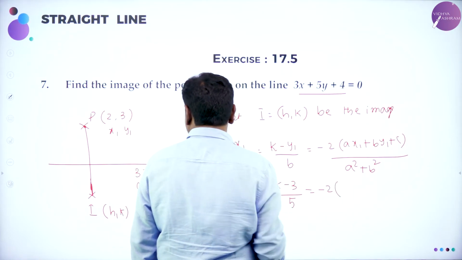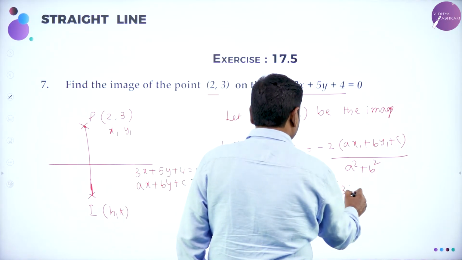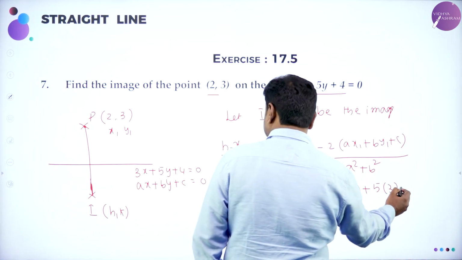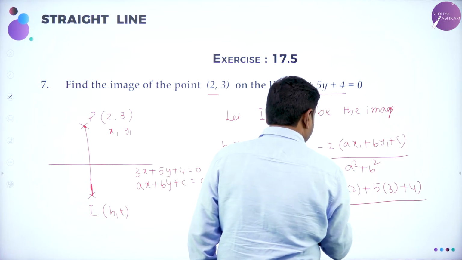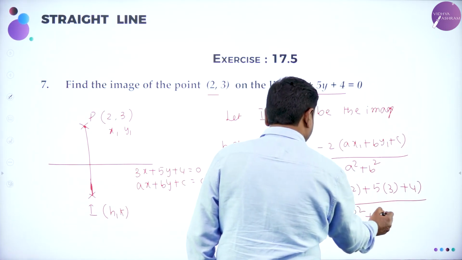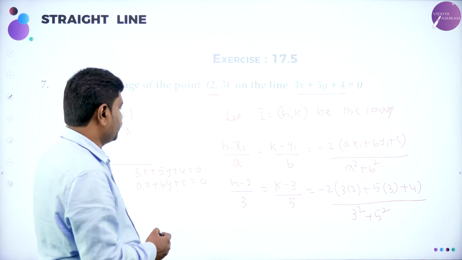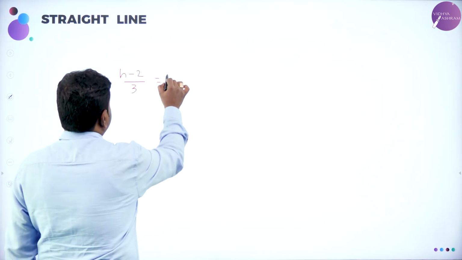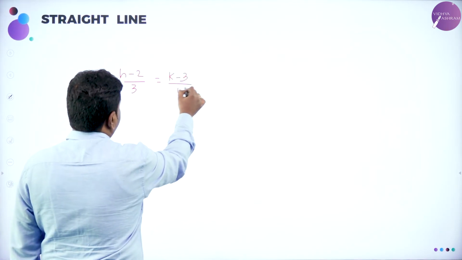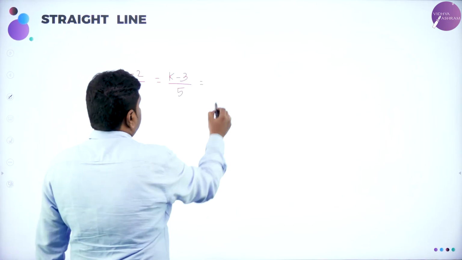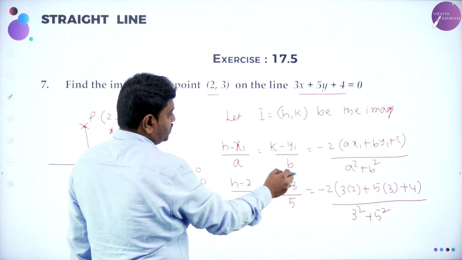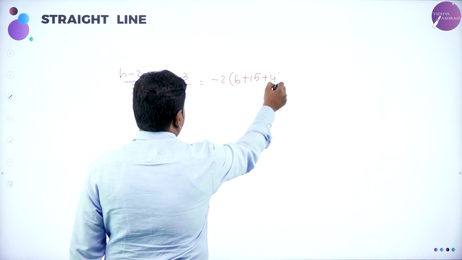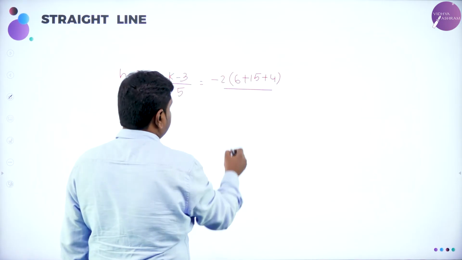Minus 2 times ax1, a is 3 into 2, plus by1, that is 5 into 3, plus c, what is c? 4, divided by a square, 3 square plus 5 square. Further we'll simplify this. (h minus 2) by 3 is equal to (k minus 3) by 5 is equal to minus 2 into (6 plus 15 plus 4) divided by (9 plus 25).